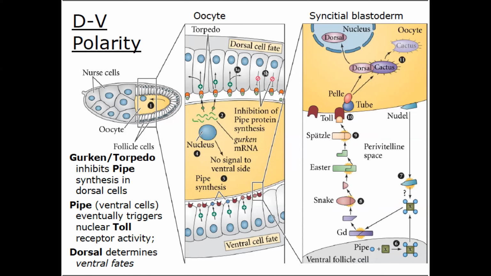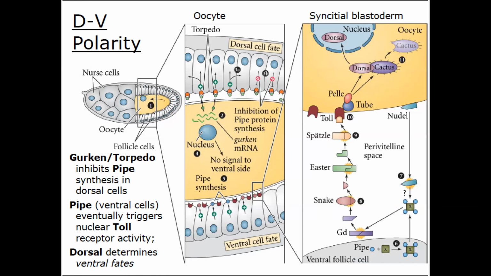So it will generate a transcription factor called mirror, and mirror inhibits the expression of pipe. Pipe is one of the serine proteases mentioned here. I mean, the activation of the toll pathway sees a series of serine protease cleavages to generate an active ligand.